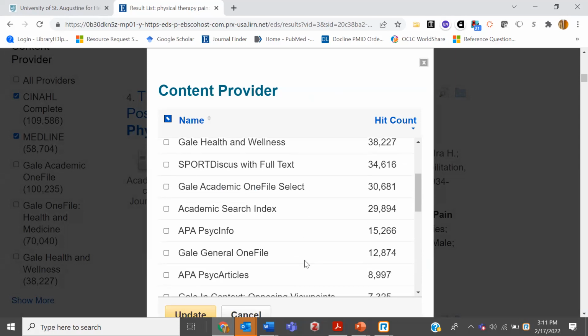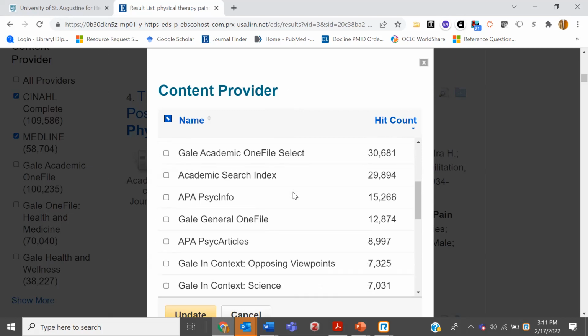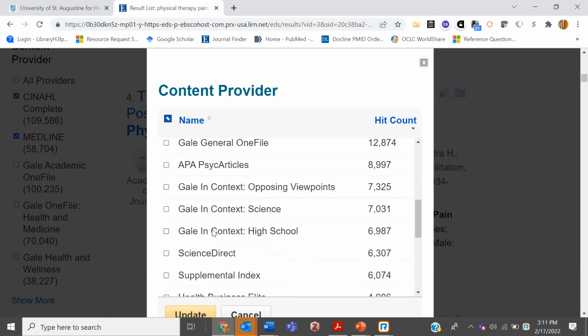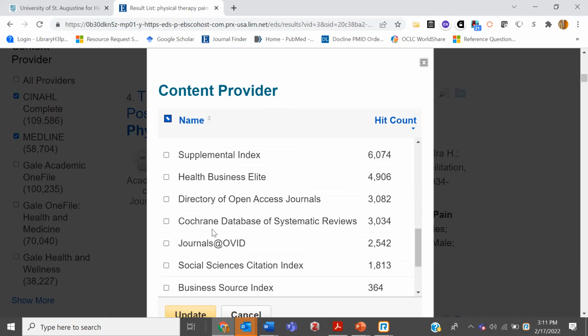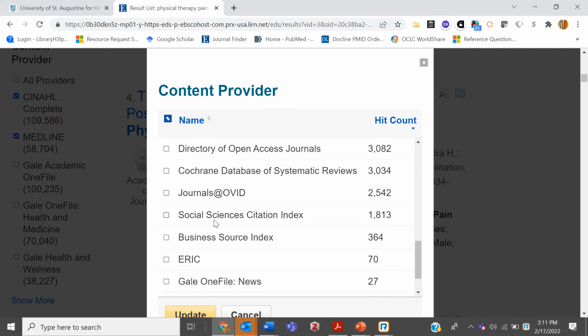So one very simple thing you can do to improve the relevance of the academic literature results you're getting in your searches is to select a database that is topically focused on what you're interested in. So you can see, the 400,000 items that we had here include things from general science databases, systematic reviews, business databases.